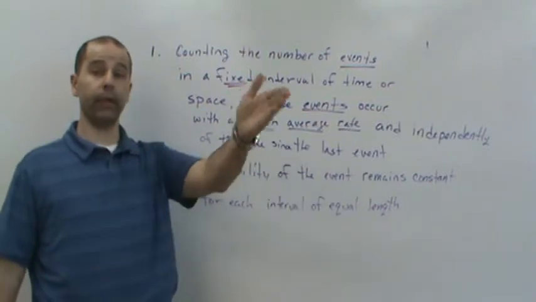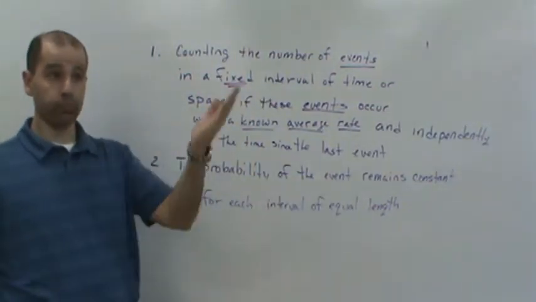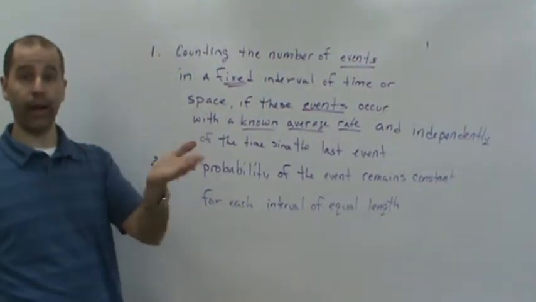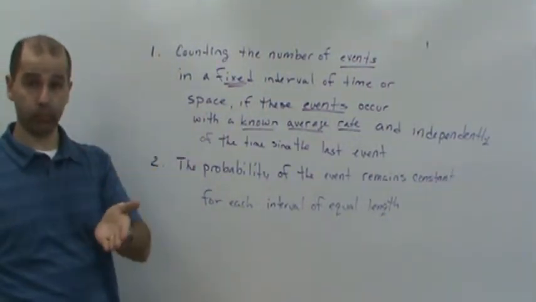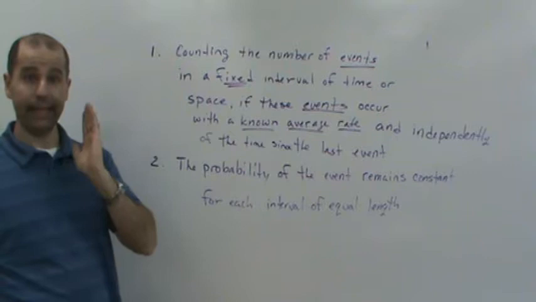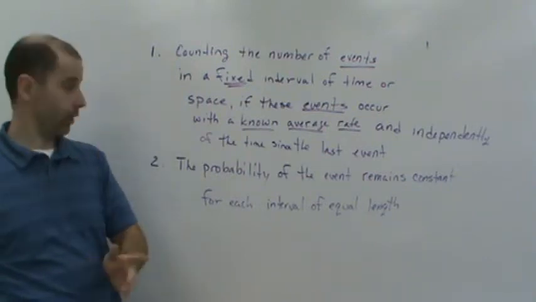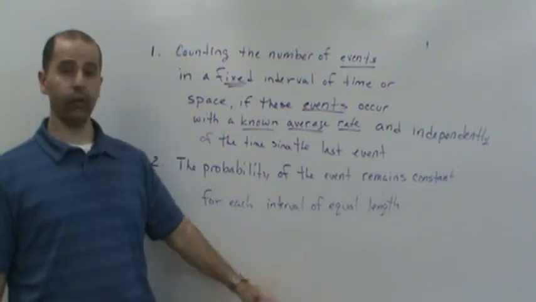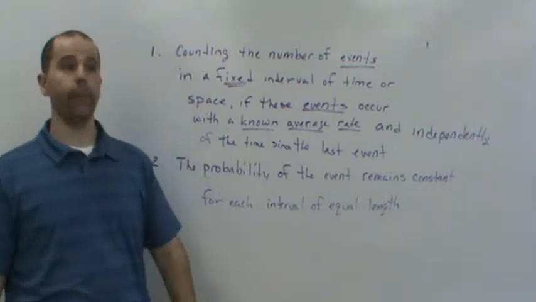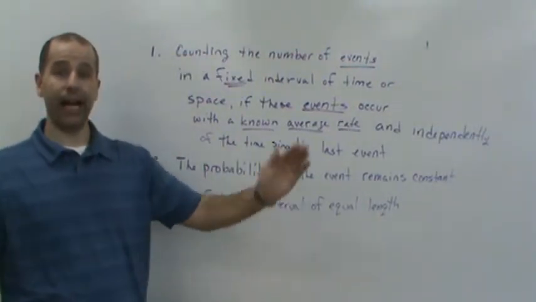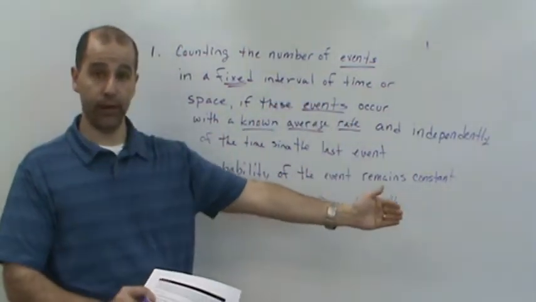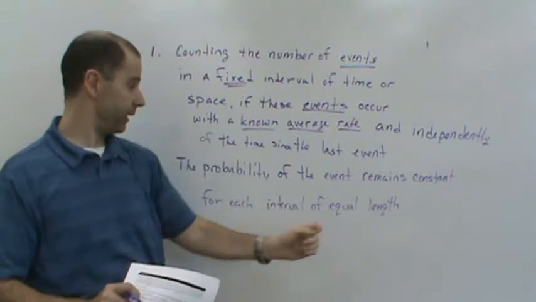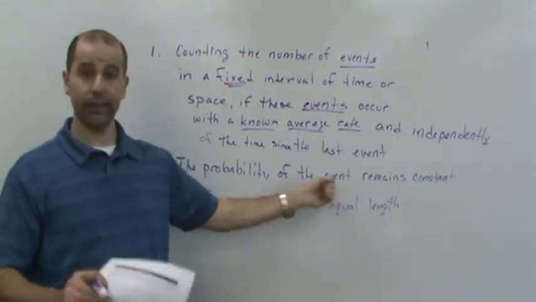So the probability of a car coming down that 1 mile stretch of land, okay, is the same, right? It's constant for each interval of equal length. So what does that mean? If I randomly choose another mile stretch of road, the probability of an event is the same.